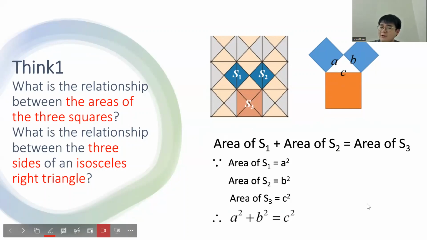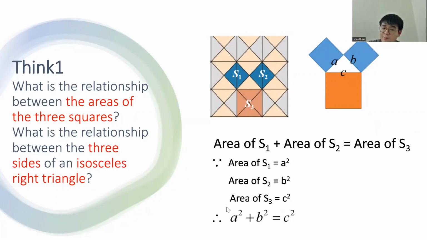And whenever we talk about Pythagoras theorem, you must, M-U-S-T, must know this thing: A square plus B square equals C square. Clear?